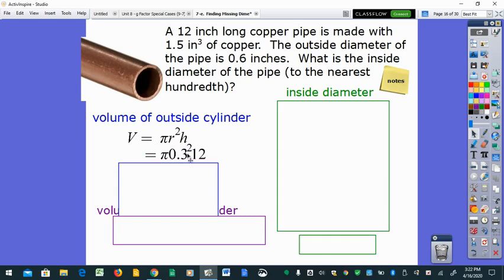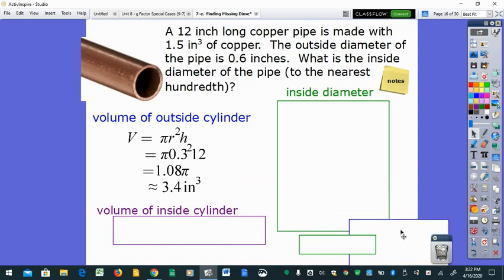I'm going to take 0.3 and square it in the calculator. I'm going to multiply it by 12. And I'm going to multiply by pi. And the volume, if it did not have a hole, if it was solid, in other words, would be 3.4 cubic inches.